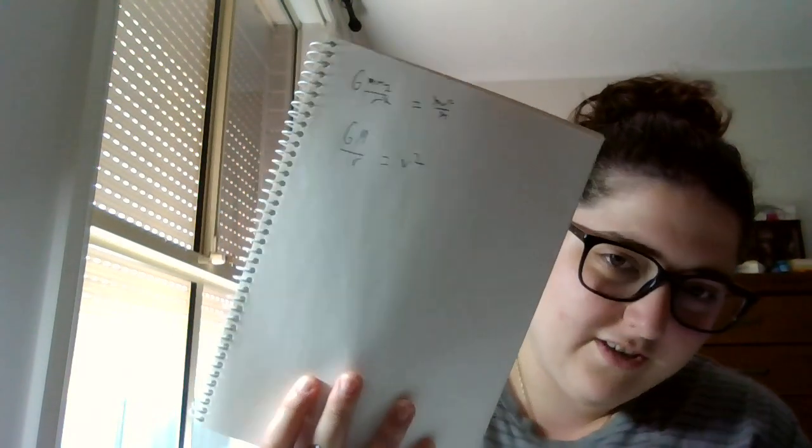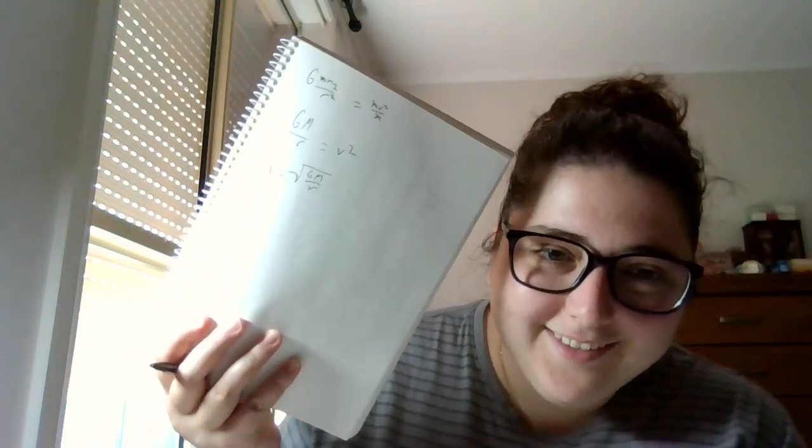So we're left with G mass 2 over r is equivalent to v squared. I'm going to get the velocity by itself. That means we square root both sides, so we end up with velocity is equal to the square root of GM over r. Ta-da! That's all it is, which is great.